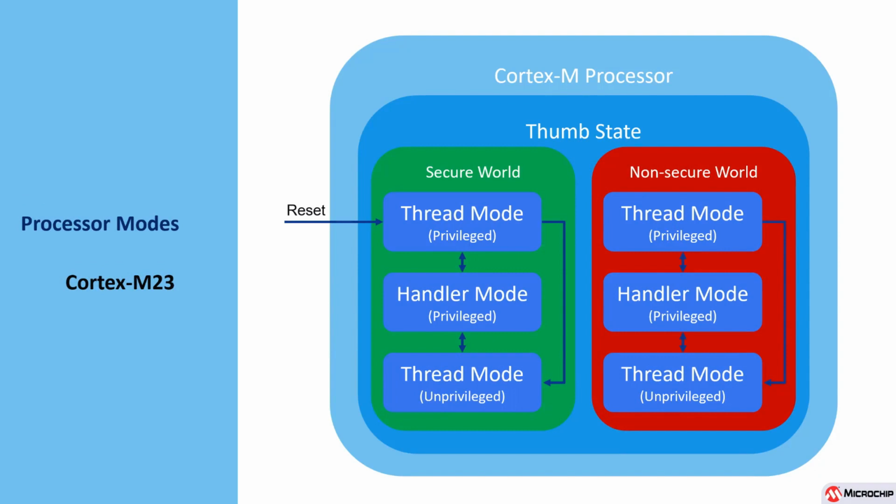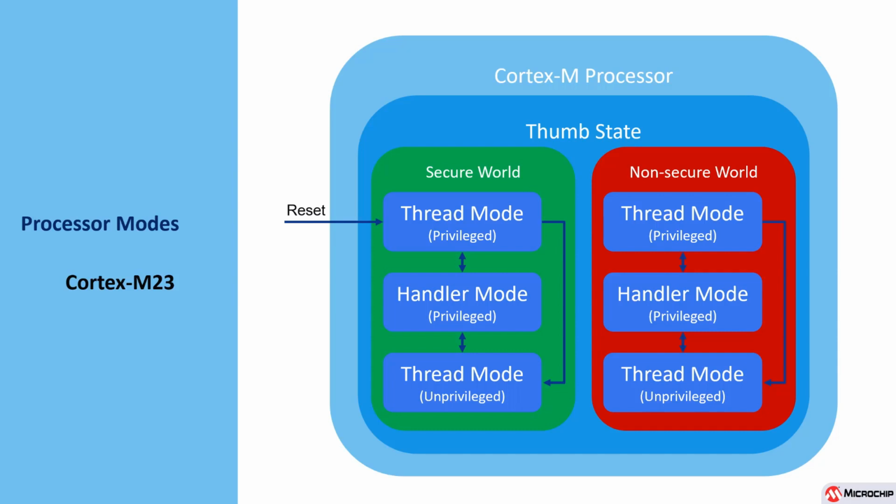The Cortex-M23 then adds a whole other thing to the diagram here. As you can see, we add this concept of worlds. This is really what Trust Zone looks like. Trust Zone implements two worlds, both a secure world and a non-secure world. Inside each world is the whole model that we had before, with privileged and unprivileged thread modes and a privileged handler mode.